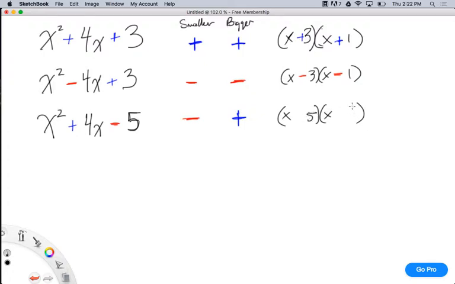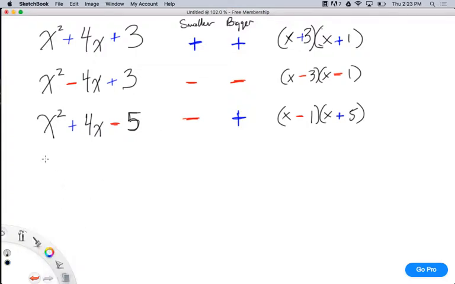Five. 1, 5. Negative 1, positive 5. Is that clear? Negative 1, positive 5. Why? If I FOIL that out, I get x squared minus 1x plus 5x. So I'm subtracting 1x, but I'm adding 5x. So that's why it becomes positive, right?